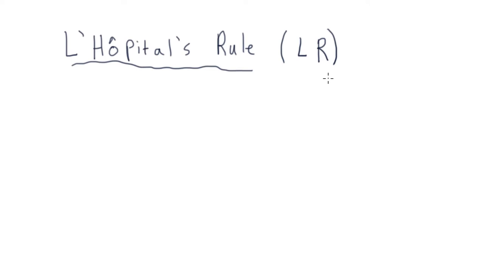Well, if we're taking a limit of a function that's the quotient of two functions, so f of x over g of x, and what do we get?